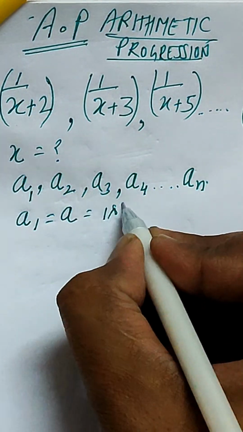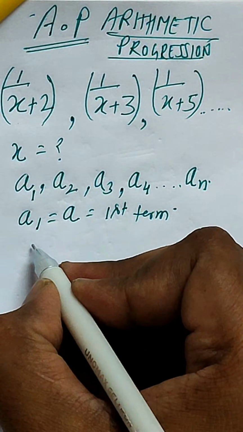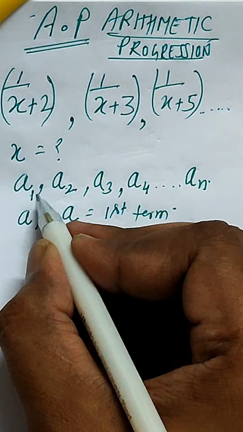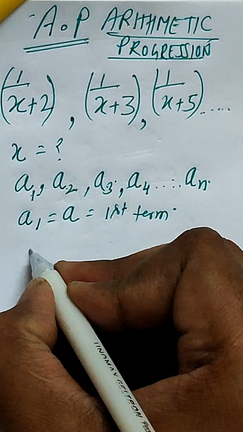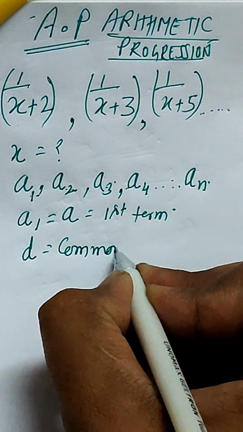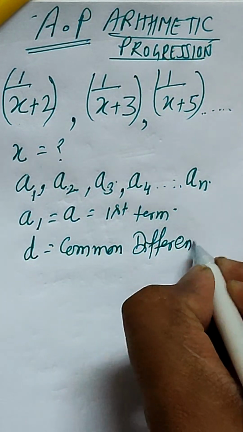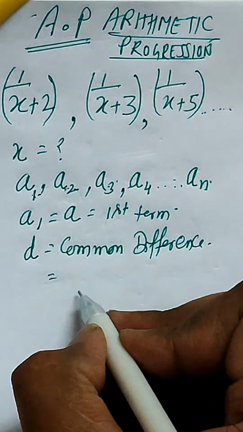This is the first term. And the common difference, that is the difference between two successive terms, will always be equal. That's why D is called the common difference, and you need to understand this concept. So that's why I'm recalling it. Common difference is equal to the difference between two successive terms.